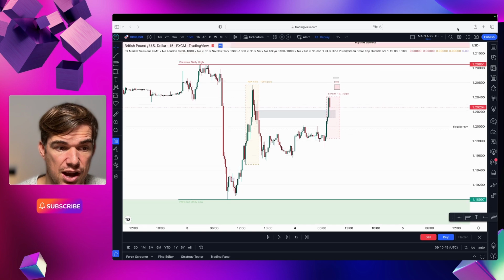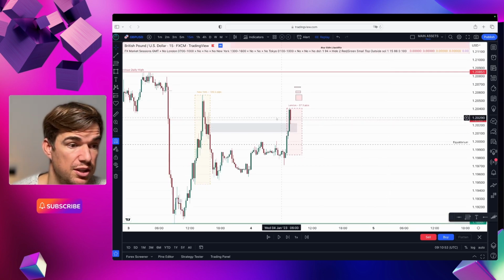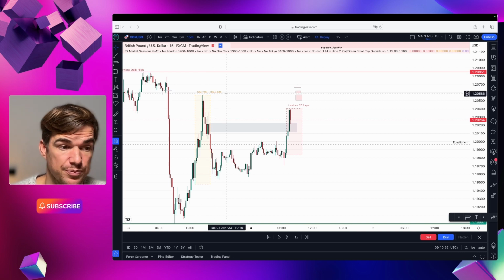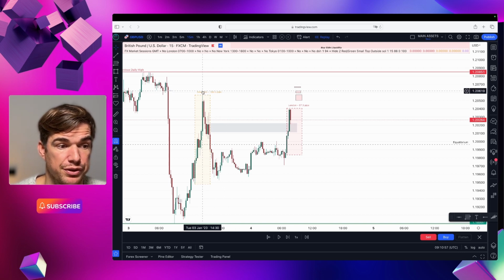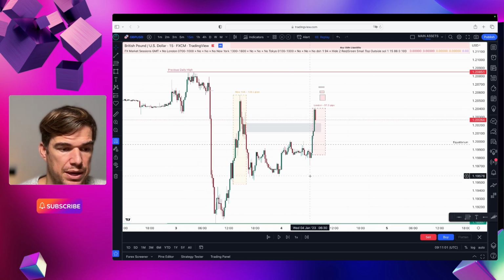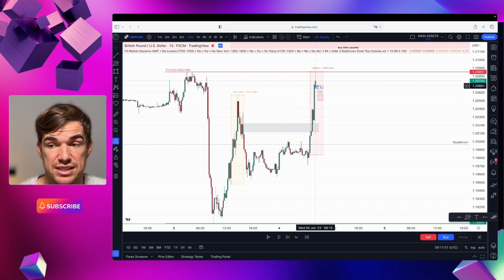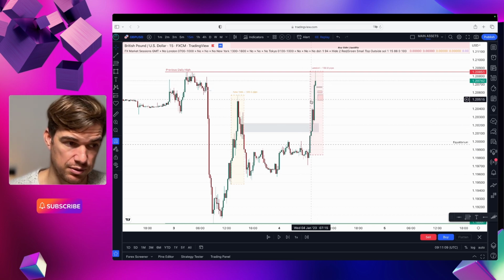At this stage, I am looking for an entry to go short. What I had originally thought was that this is going to go up to this previous New York high and then crash down, but it did that there and I didn't see any entry to go short, so you have to wait.